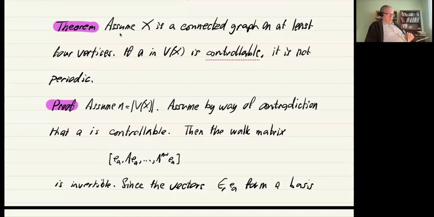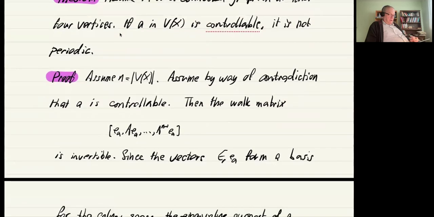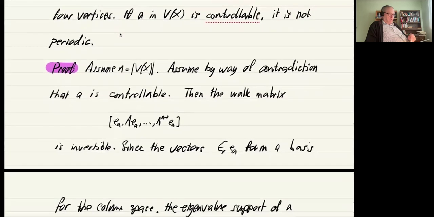That means that the walk matrix in this case is just the powers of A applied to e_a, and controllable says these are invertible, so this matrix is invertible. Now, every power of A is a linear combination of the spectral idempotents, and so the vectors E_r e_a form a basis for the column space of the walk matrix. This has dimension n, so if these vectors form a basis, there must be n of them.